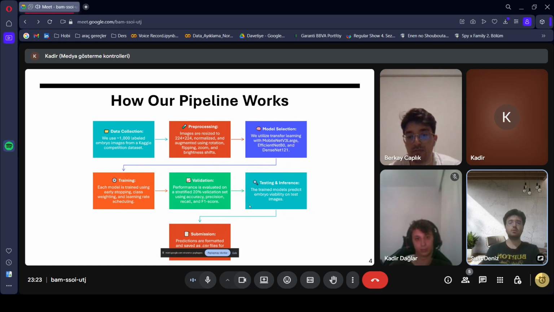During training, we use techniques such as class weighting, early stopping, and learning rate scheduling to improve convergence and prevent overfitting. After that, we evaluate each model using a validation set and select the best performing one. Finally, we generate predictions on the test set and export the results as submission files for the Kaggle leaderboard.